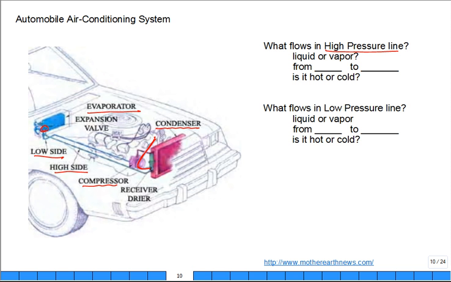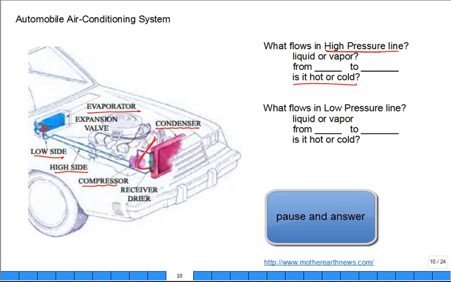Is it liquid or vapor? And where is it going to and from? It's coming from something and going to something. What is it doing? In the high pressure line. And is it hot or cold? If I grab a hold of it, is it going to be hot or is it going to be cold? All right? Do that for the high pressure line, then do that for the low pressure line. I'll pause.